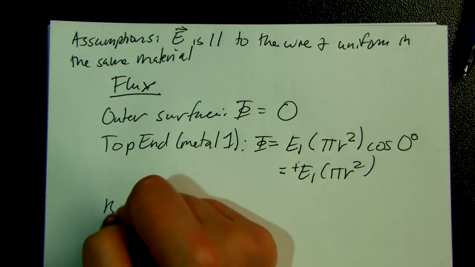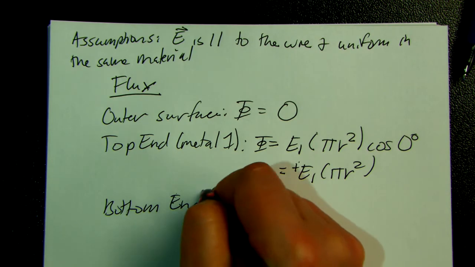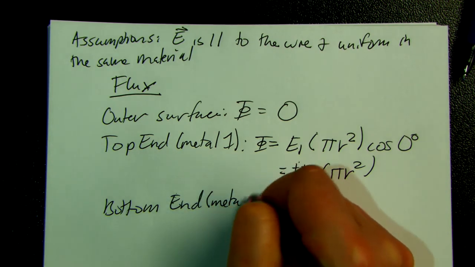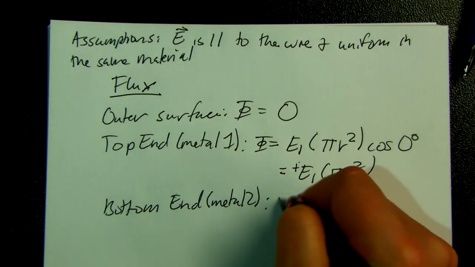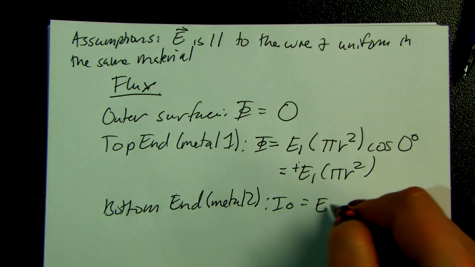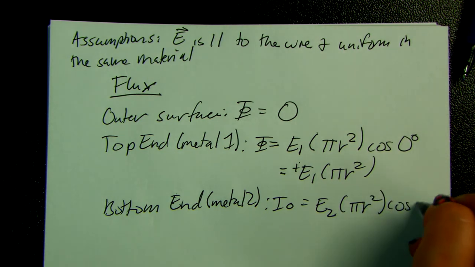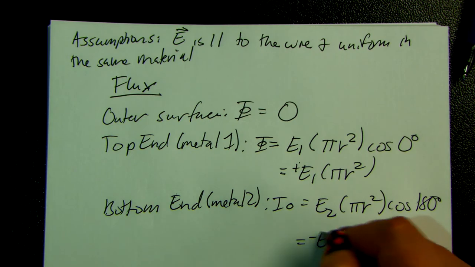And the bottom end, metal 2, flux is E2 pi r squared cosine of 180, which is minus E2 pi r squared.